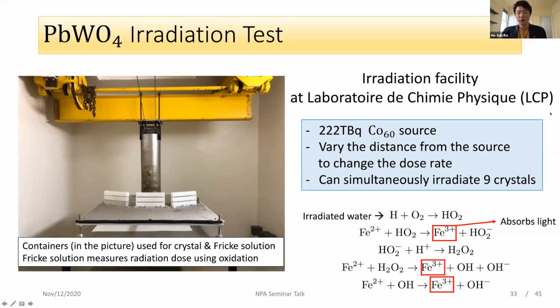It has a 200 terabecquerel cobalt source, and we can vary the distance of the test sample from the source, so we can change the dose rate, and we can simultaneously irradiate 9 crystals at once.